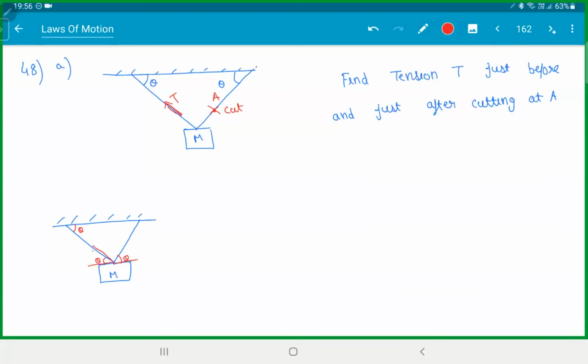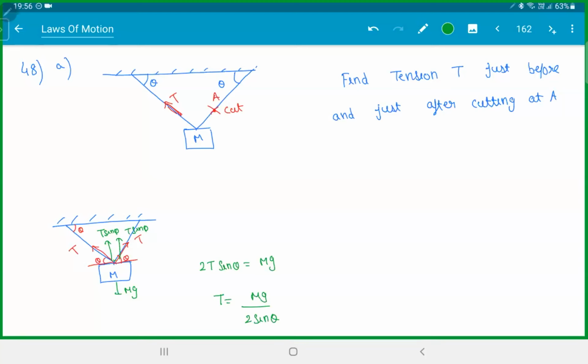If you take this as T and this as T, we get the vertical components: T sine theta and T sine theta. And this is mg. So 2T sine theta is equal to mg. Tension will be mg by 2 sine theta. This is the case before cutting. Right?